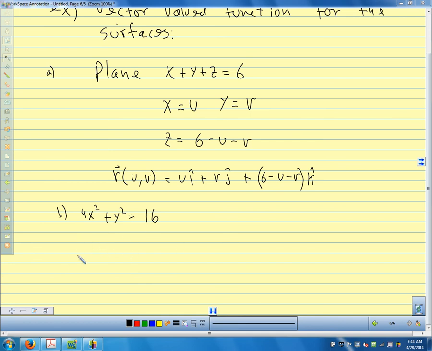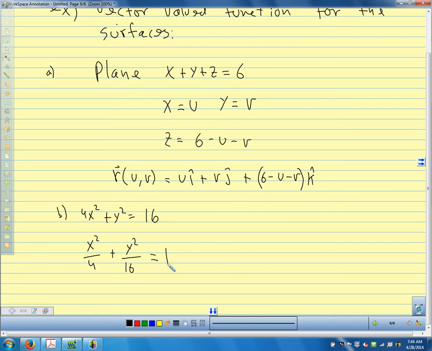Let me do one step here. So I'm going to divide everything by 16. So x squared over 4 plus y squared over 16 equals 1. So what does that suggest? We have an x squared and a y squared and equals 1.